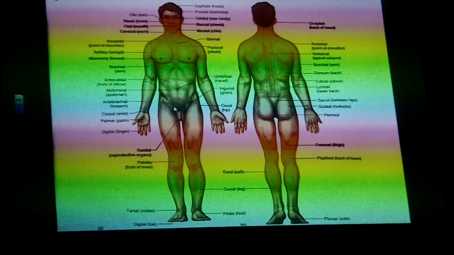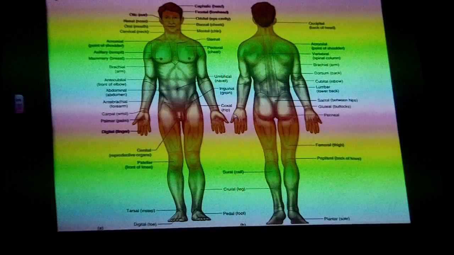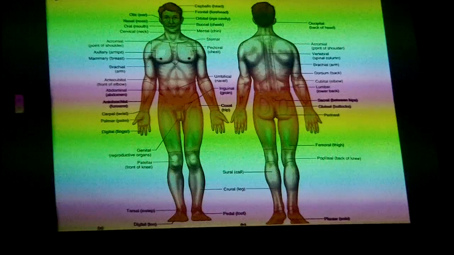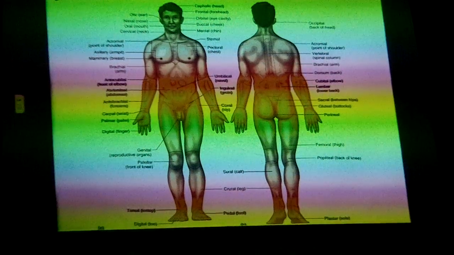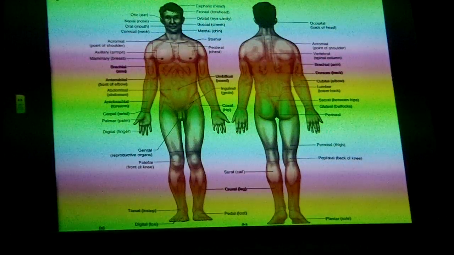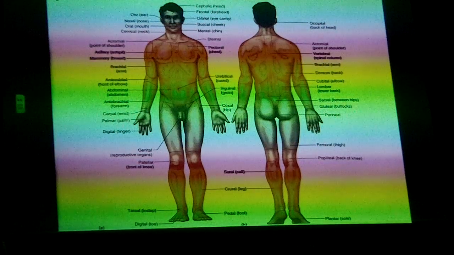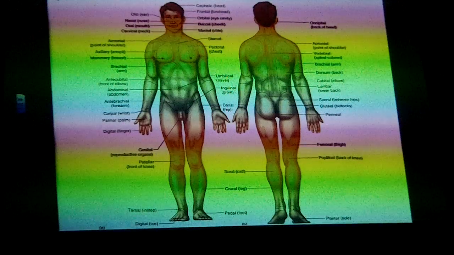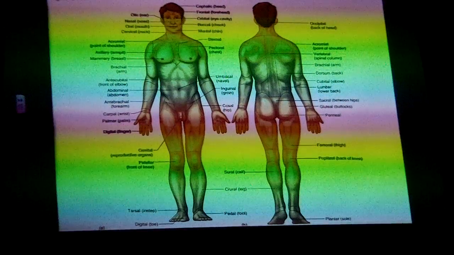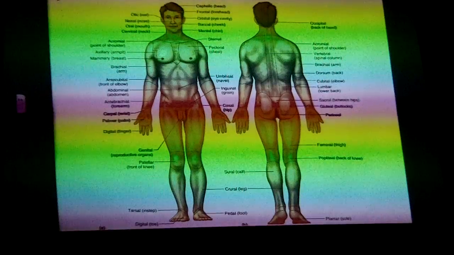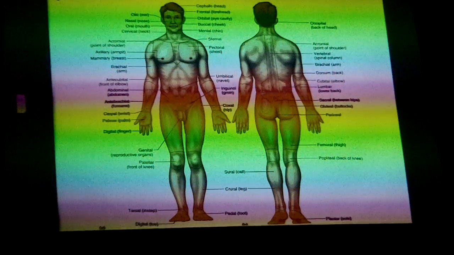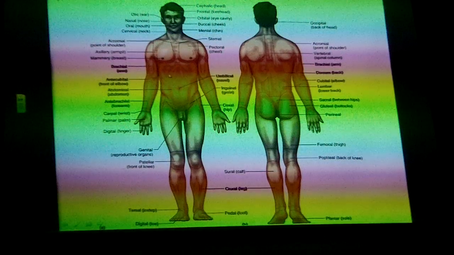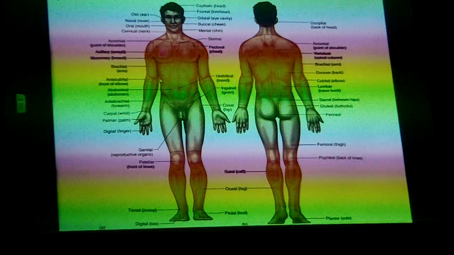Is costal on here? Costal is not on this picture. Is it in your book? It's on the IDs. Oh. Yeah, erase that. There's a couple of them on the IDs that aren't in this picture because I wrote this ID sheet for the old version of the book, and they changed books on me, and they got rid of a few of them. And costal was one of those. So cross out costal on your ID sheet. The costal area was in the ribs here, I think, but they got rid of it.